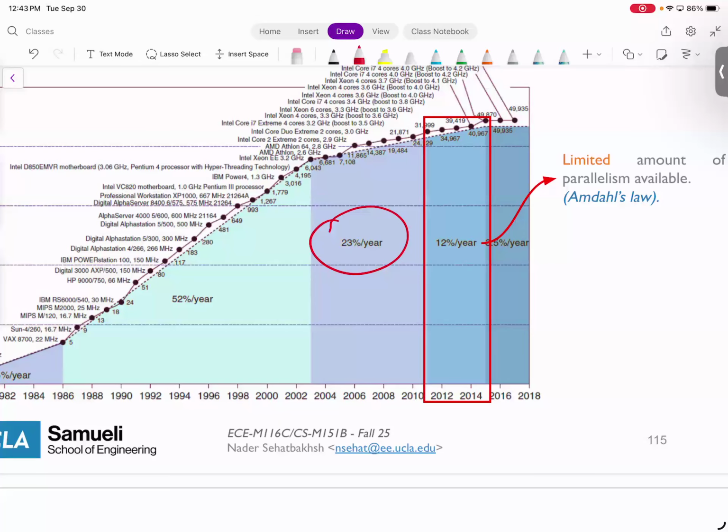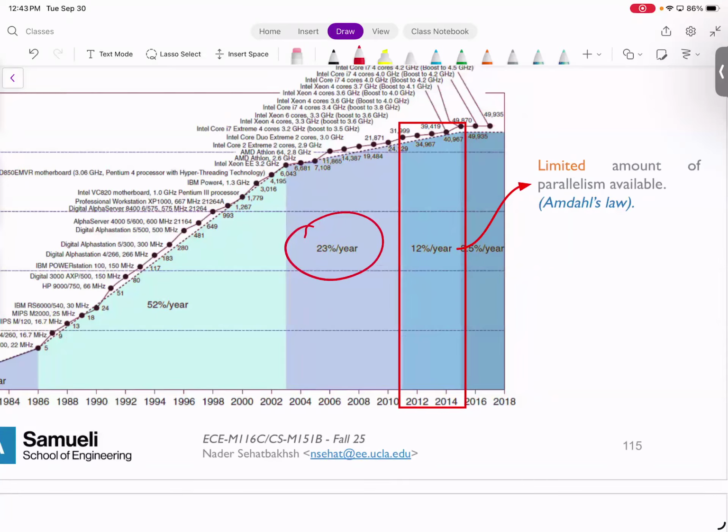Then it comes around 2011, 2012, and that's when we slow down again. The reason we slowed down at this point was that there was a limited amount of parallelism that you can extract from the system. It's not like if I double the number of cores, my system gets 2 times faster. Why?